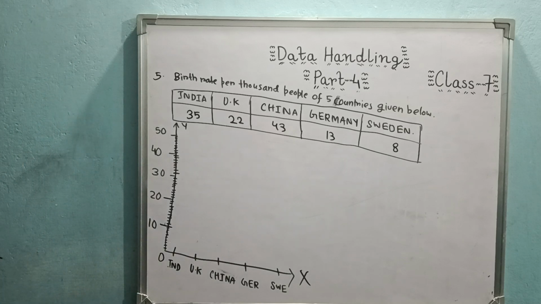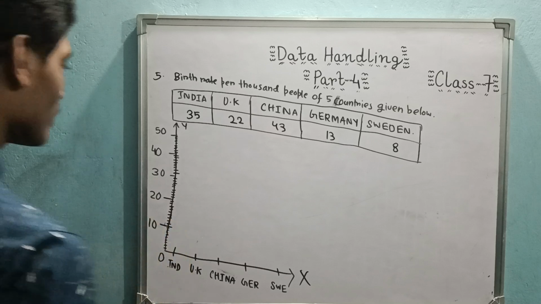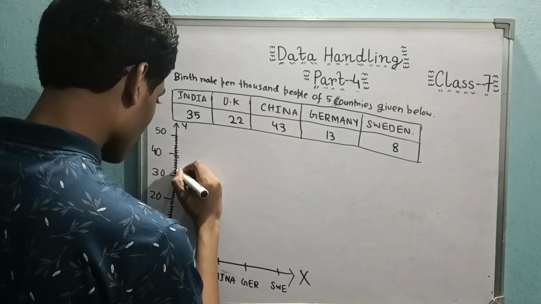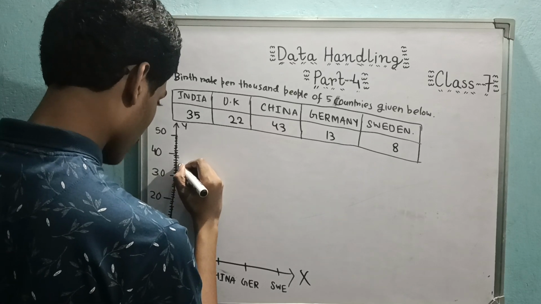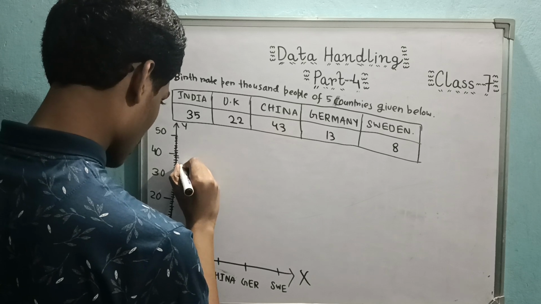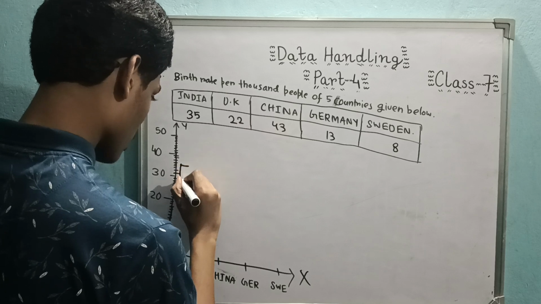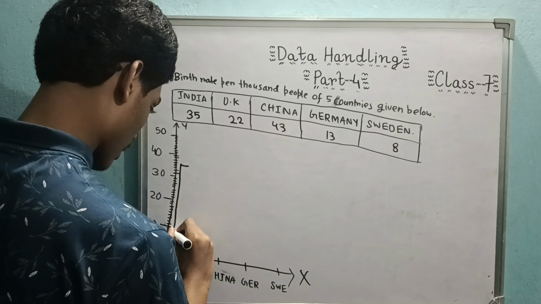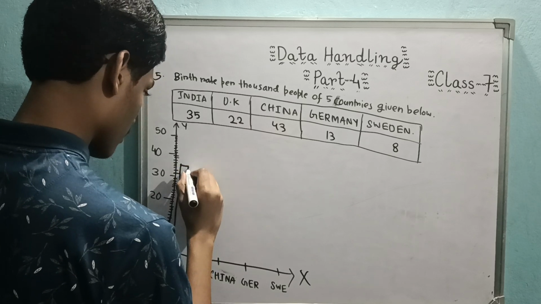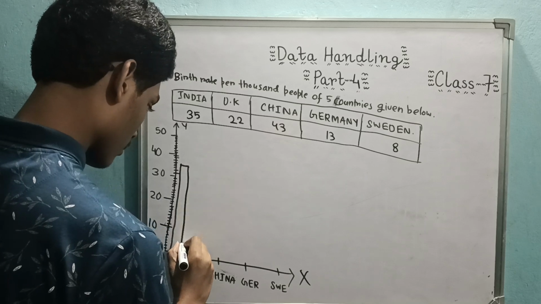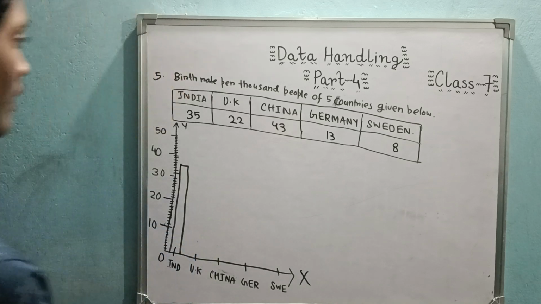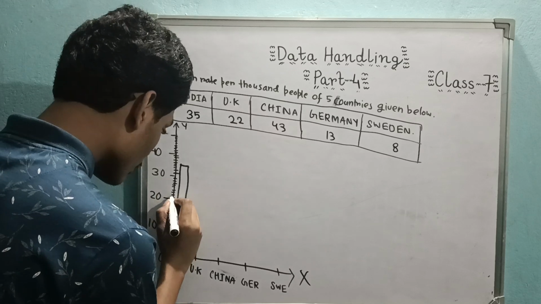Now see the job. India frequency 35: 30, 31, 32, 33, 34, 35 here. Mark the apex here. Mark that bar down on India. Then comes UK, 22. 20 is here, 21, 22.